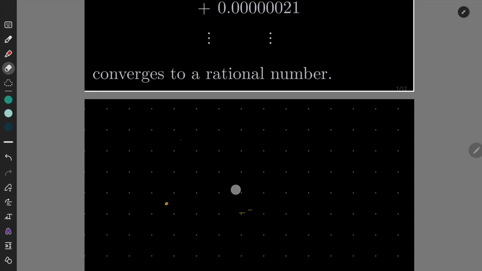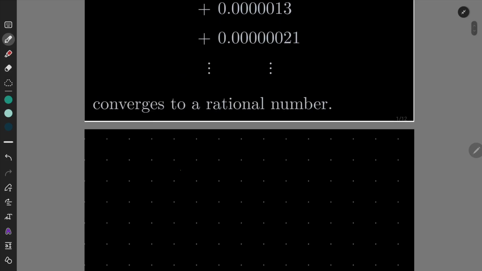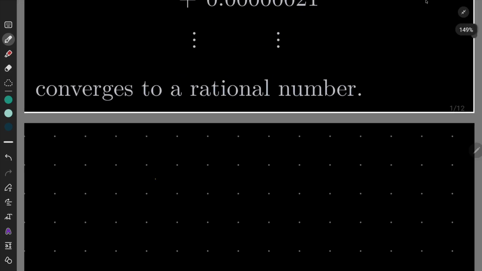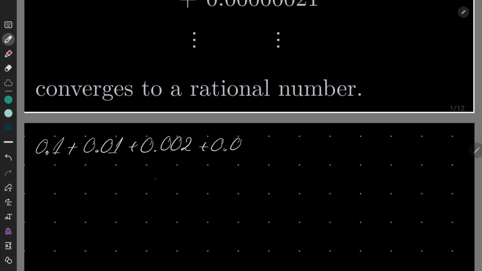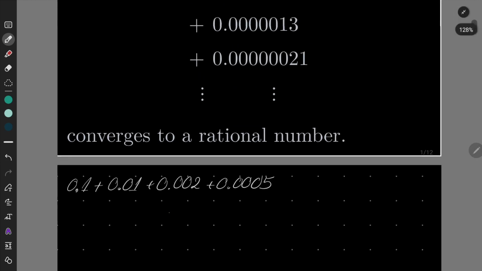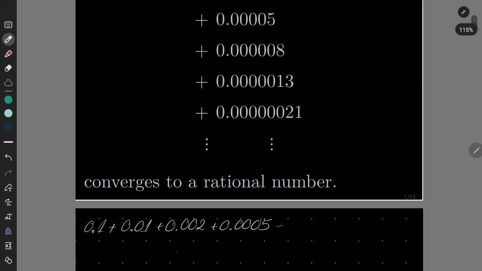Okay, so I hope that you managed to solve it. As I suggested, first let's take this sum 0.1 plus 0.001 plus 0.002, 0.003 and so on.